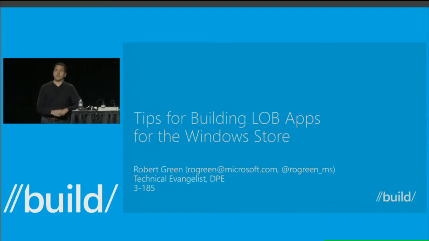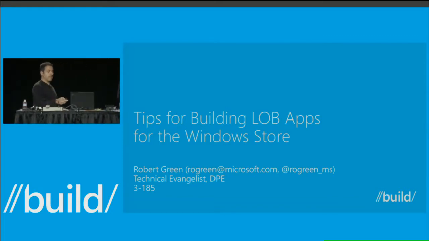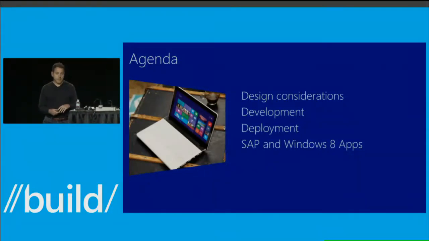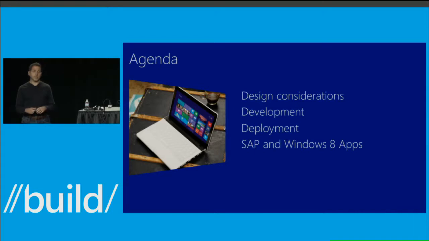I did this talk at the previous Build back in the fall, so what I've done is keep some of the same topic areas, but rather than just repeat the talk, I'm moving the conversation along. So what I want to talk about are some design considerations, particularly when it comes to building line of business apps for Windows 8.